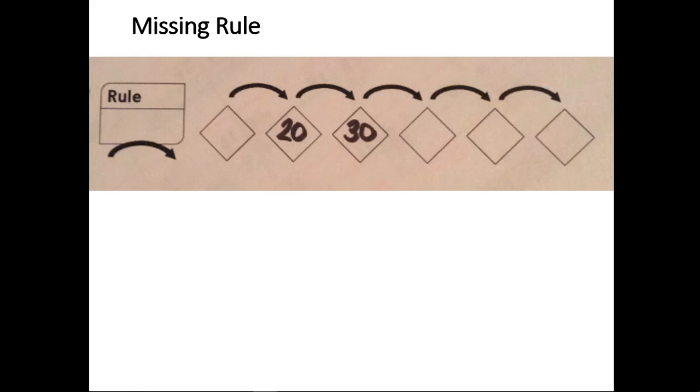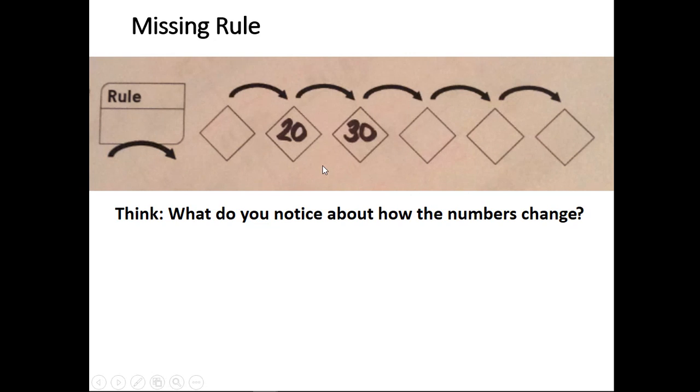Now, sometimes we have frames and arrows that actually have a missing rule. If we look at this example, we have no rule in the rule box. We have some numbers in the actual part of the frames, but we don't know what rule they used in order to go from 20 to 30. So you have to think to yourself, what do you notice about how the numbers change?